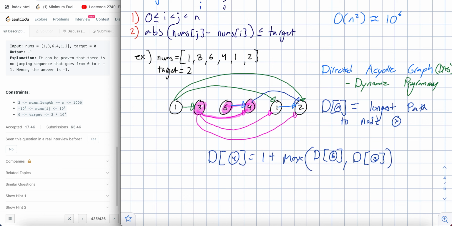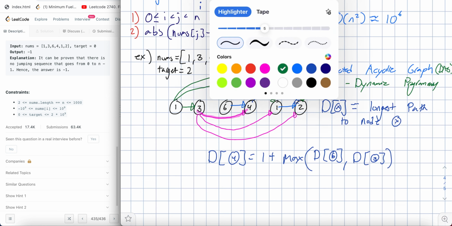So that's true for any node. I could do that for 1, 2. So in order to solve this problem, generally, if let's say that when I labeled these things green, that means that I solved them.